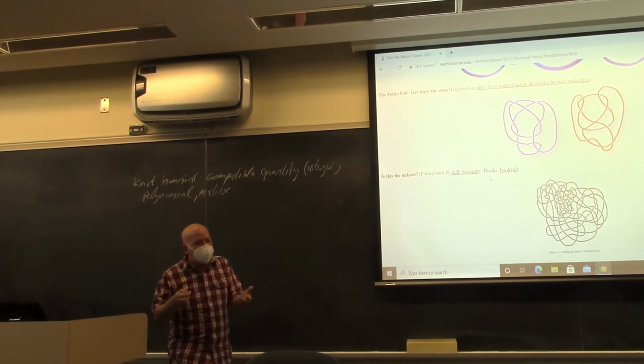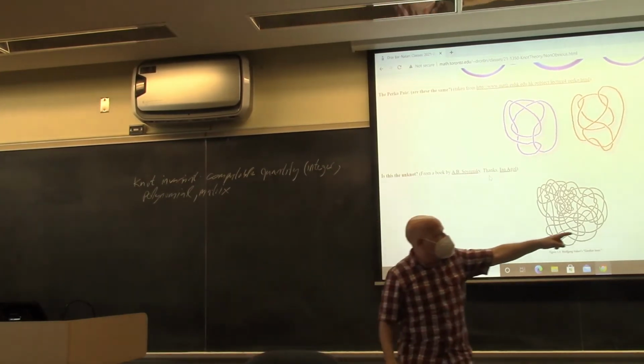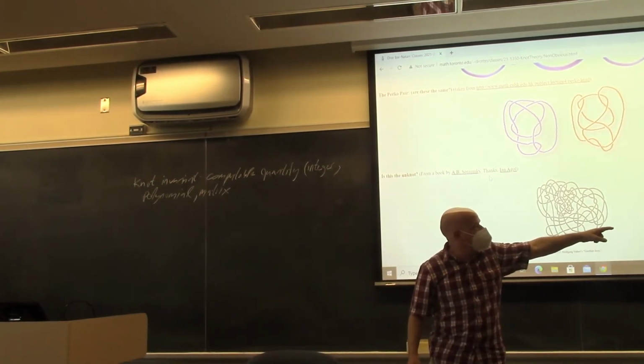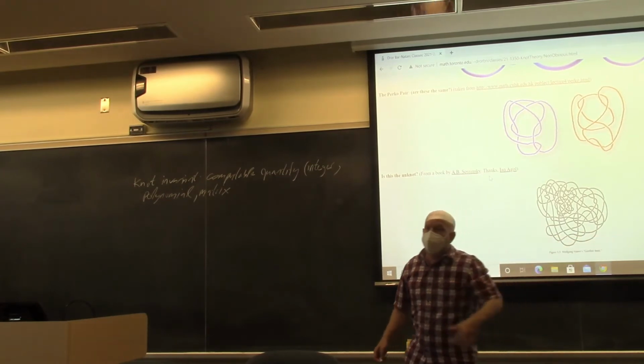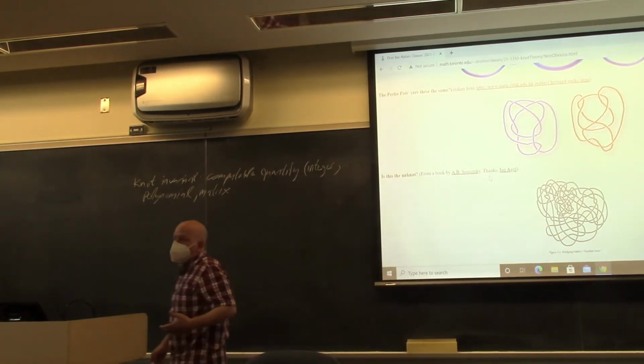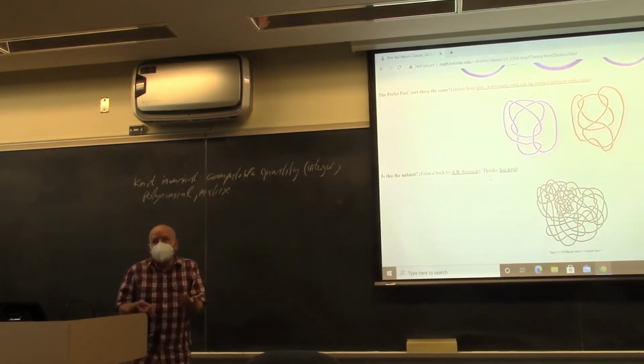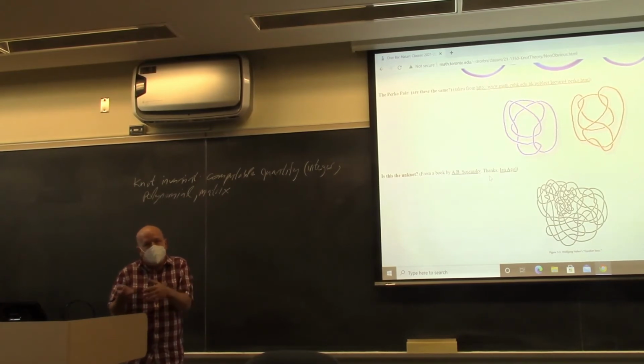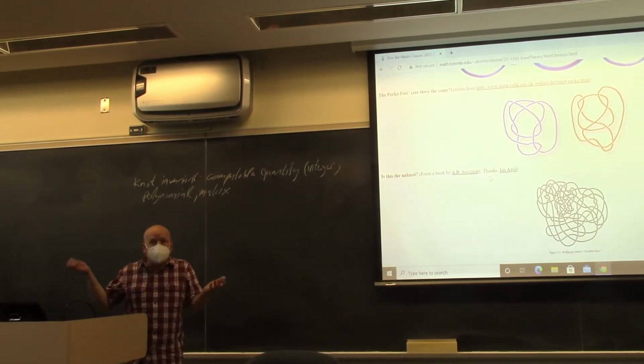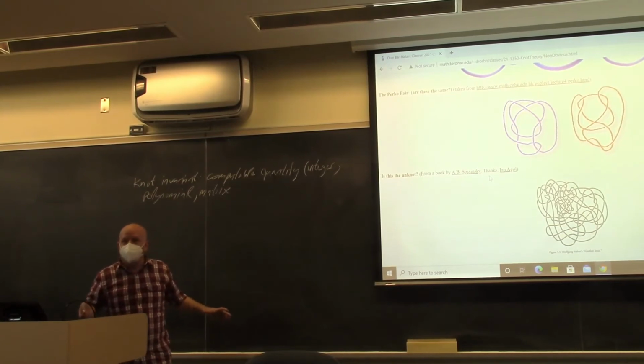So for knots it's hard to tell if two are the same or not. But integers have the property that it's very easy to detect if they're the same or not. Like 3 is not equal to 7. We kind of all accept this. Okay?